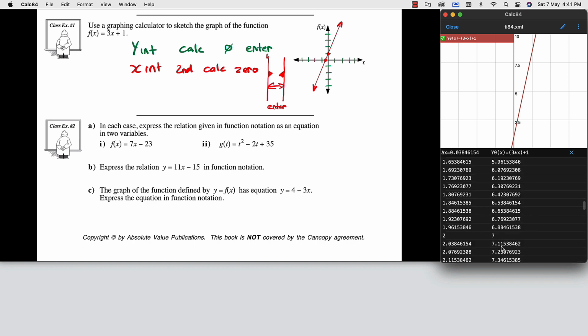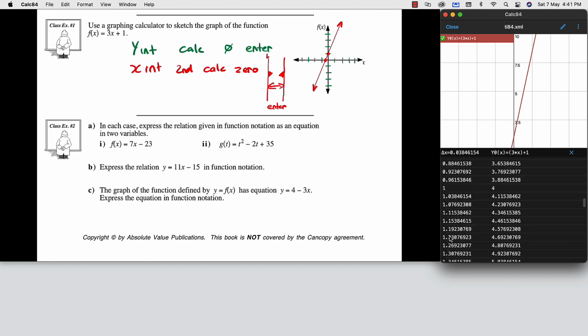So for example, let's use 1 in the X. It's going to be 4 in the Y. So that's basically telling me to go over to the 1, which is right up here. And then that should line up with that point. And I have another point that is 1 in the X and 4 in the Y.